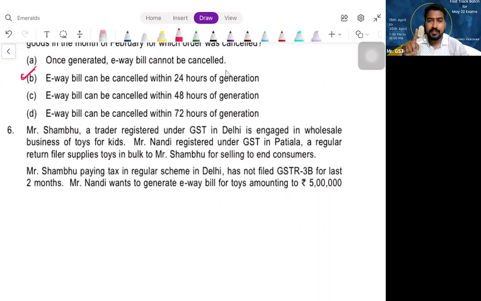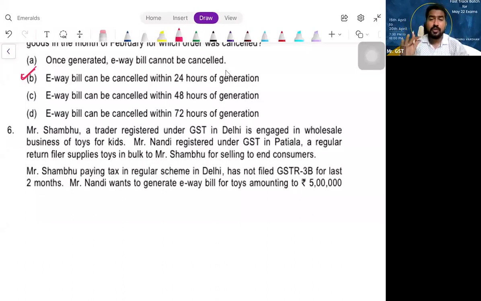Transporter, supplier, recipient. So if your GSTIN is mentioned as a supplier in the e-way bill, it will not get generated, but it can be mentioned as a recipient's GSTIN or transporter's GSTIN.